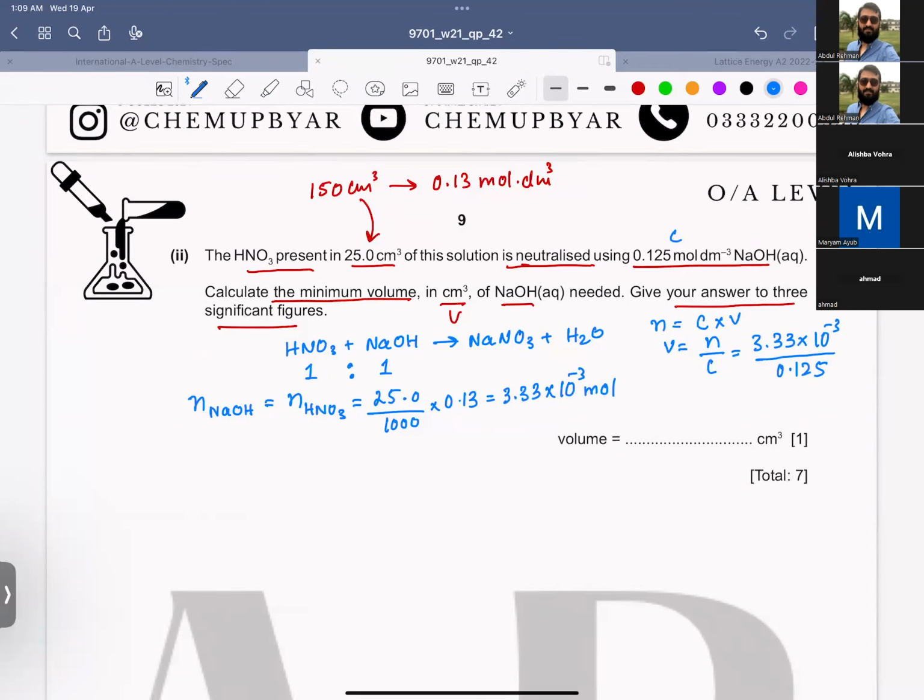Okay, can anyone recheck? I used the exact value of moles, 0.133, which is continuously 3 instead of rounding it off.